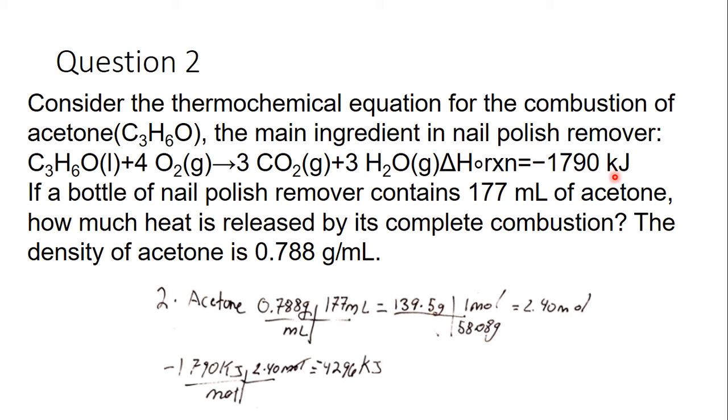Now this was the amount of heat that was released, kilojoules per mole, so 1,790 kilojoules per mole. I have 2.4 moles. So the amount of energy that is released when I blow up this bottle of nail polish is negative 4,296 kilojoules.